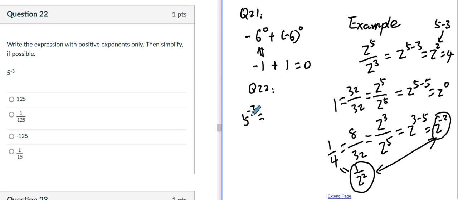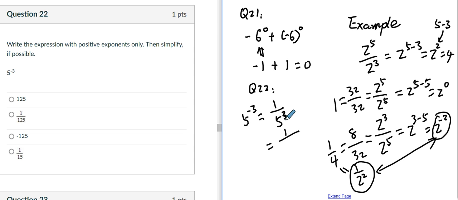To eliminate this negative sign, you put 1 upstairs and downstairs is this positive exponent. That's it. Quite easy. To change negative to positive, put the 5 to the 3rd power downstairs. You're done.